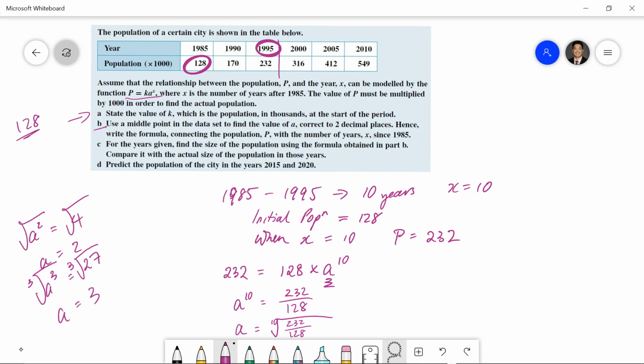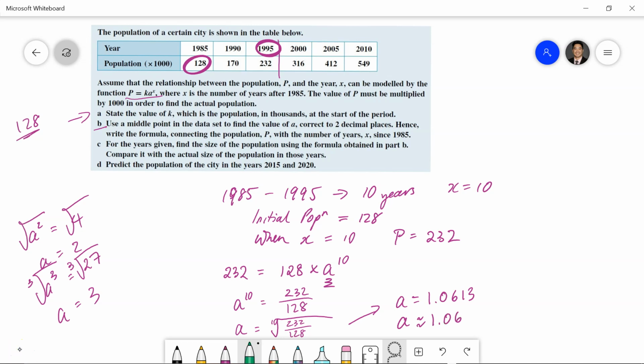So by the same principle here, to get a on its own, we want the 10th root of that fraction, and that's about 1.0613. We could simplify it to 2 decimal places, 1.06.